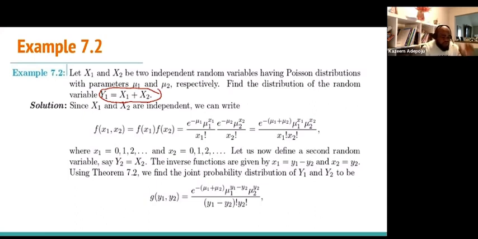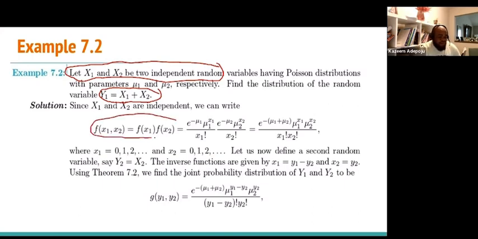We want to use the method of transformation because you are told that the two variables are independent. So we can get a joint. They are independent, so the joint is basically going to be the product of f of x1 and f of x2.